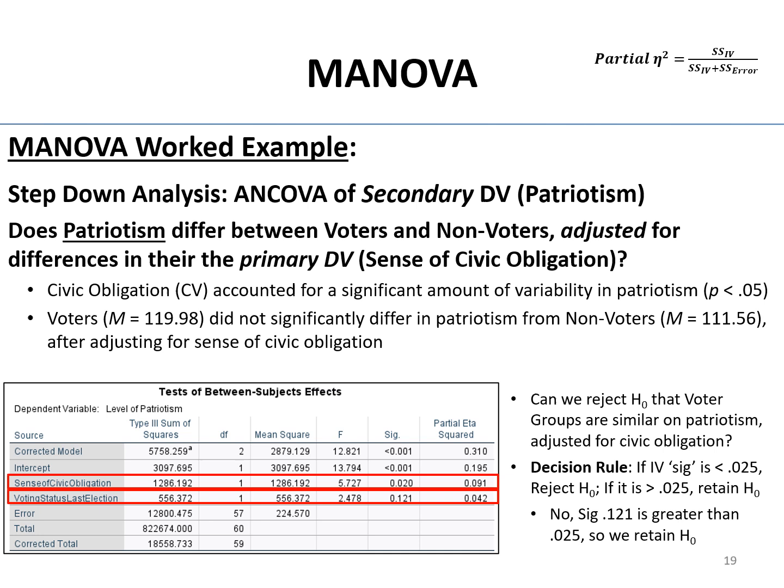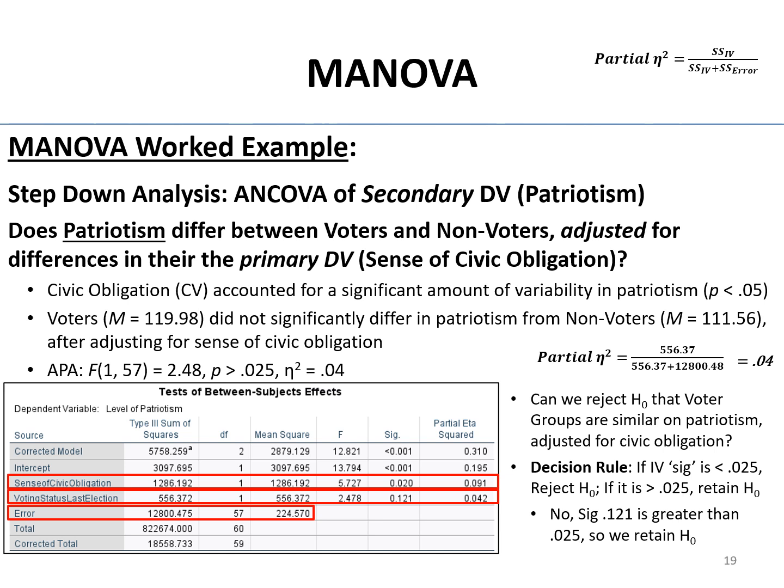We've got to calculate partial eta squared, except SPSS gets it right again. There's a formula: sum of squares of the IV in the numerator, divided by sum of squares of the IV plus sum of squares of the error in the denominator. If you do that, you get 0.04. And note that is also what you get for the partial eta squared on the voting status last election line, 0.042.